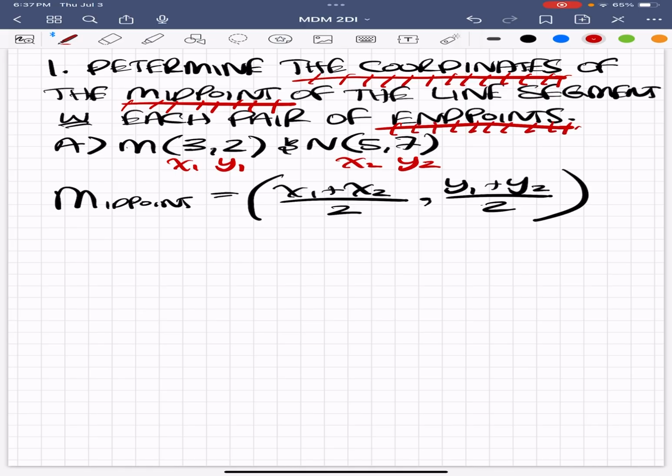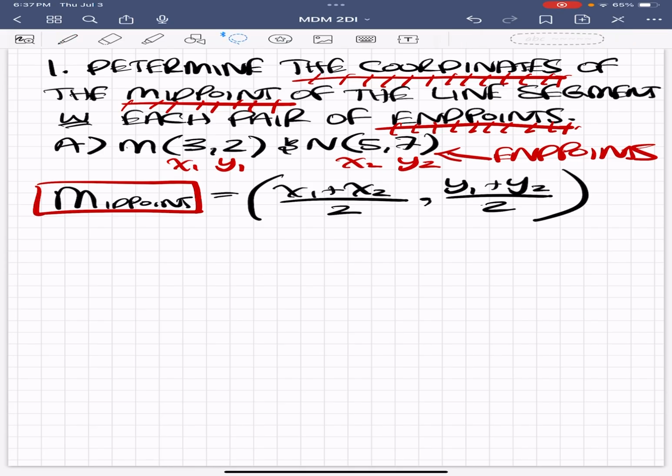So we're calculating the midpoint, and here are your endpoints. And then we have M being 3, 2, and N being 5, 7. And I've already gone on and labeled them right here. So M and N.